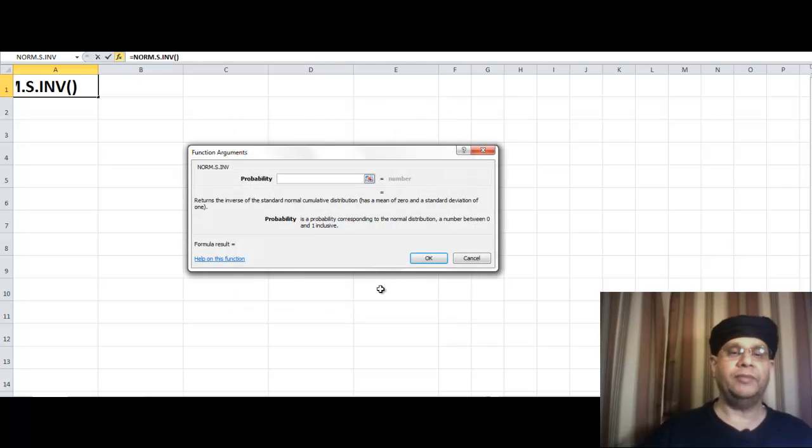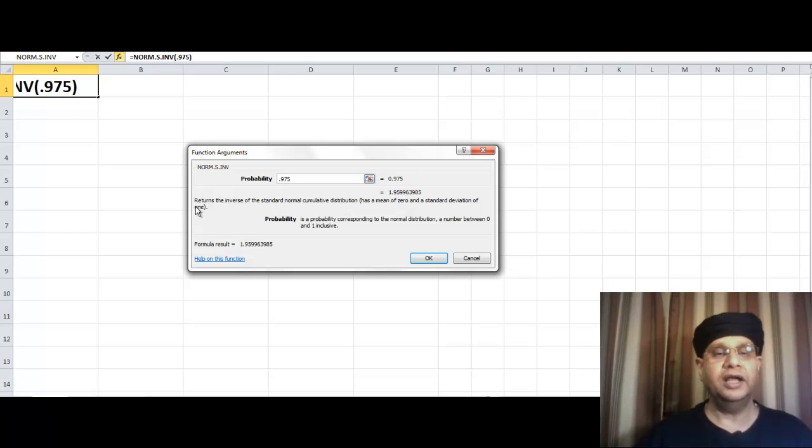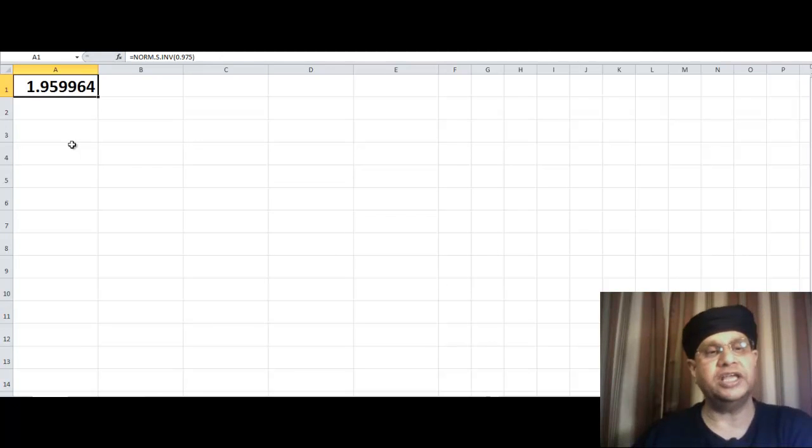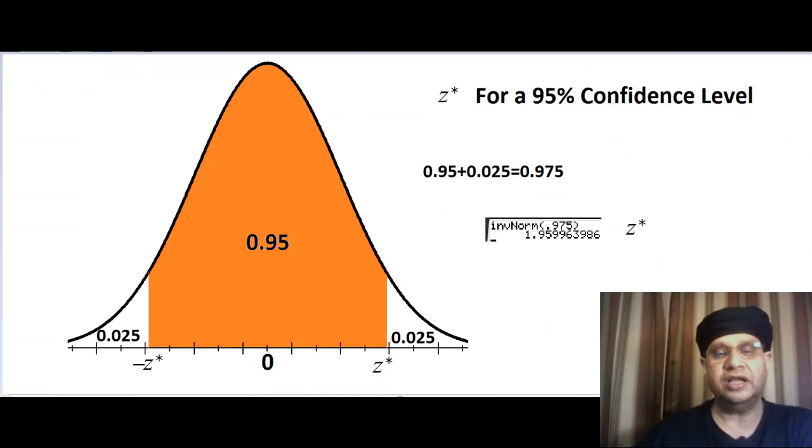By probability, it means which percentile you want, and it explains it to you here, and that comes out to be the same value. So you can use a similar procedure for a 99% confidence interval or 90% confidence interval, or whatever the desired level is. For this discussion, we are going to stick to 95% confidence interval.